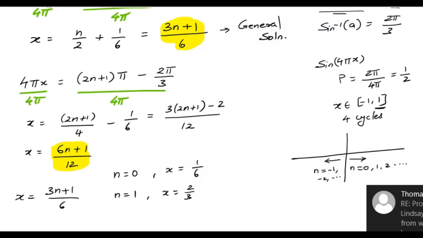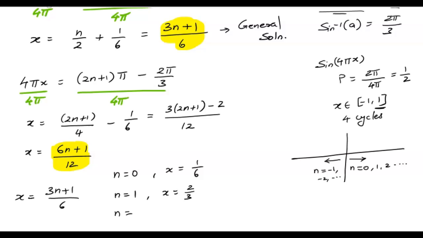Right, now let's look at the second solutions that we have. So we need to also start substituting n as negative numbers, because there are some values on the left hand side of the y-axis, right? So which is what I'm going to do next. I'm going to start substituting n as negative 1. So when n is equal to negative 1, we're going to have x is equal to minus 3 plus 1 is minus 2, and minus 2 on 6 is going to be minus 1/3.